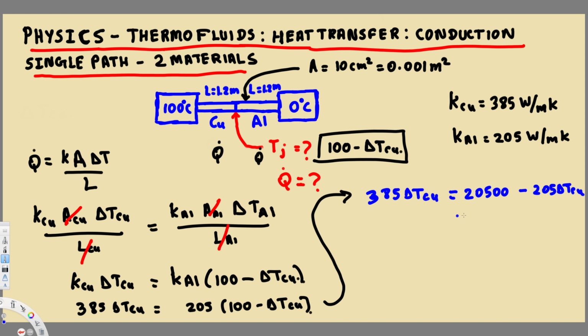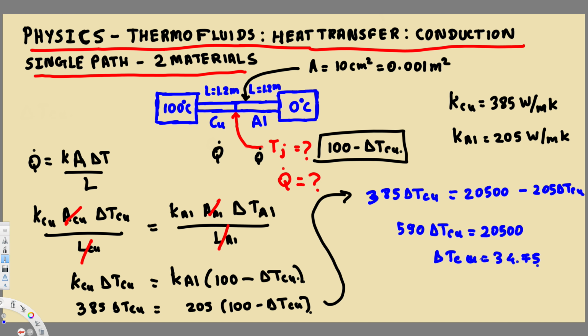So let's bring them together. If you bring this one together, that's going to give you 590 delta T copper equal to 20500. Now if you divide this one by 590, that's going to give you 34.75, right?